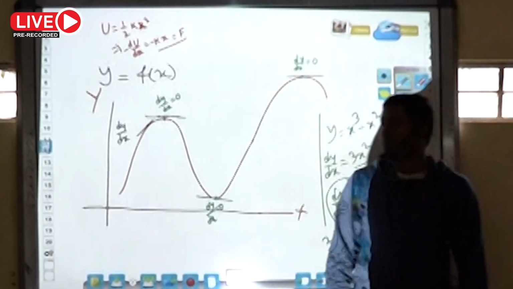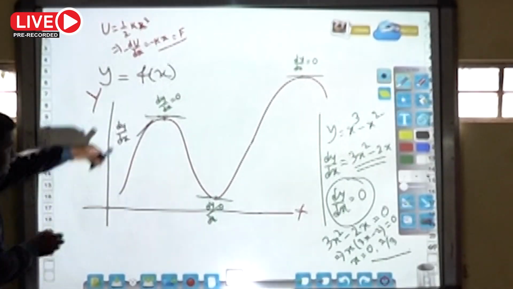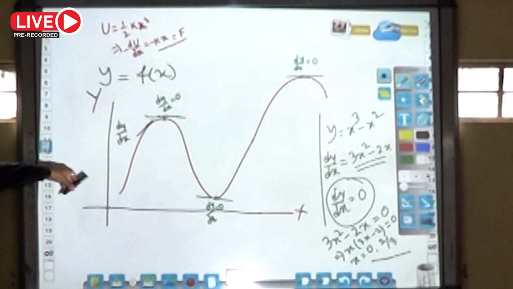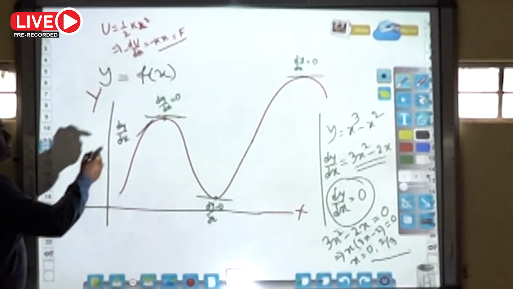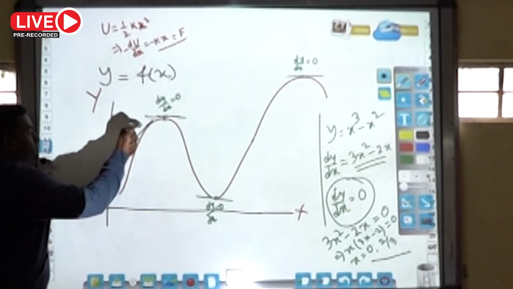It is positive. Why positive? Because if you extend this, it will cut the x-axis at an acute angle. Acute angle means tan theta will be positive, because in the first quadrant all trigonometric ratios are positive, so tan theta is also positive. So dy dx is greater than 0.